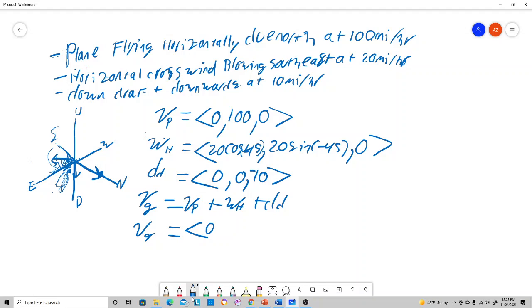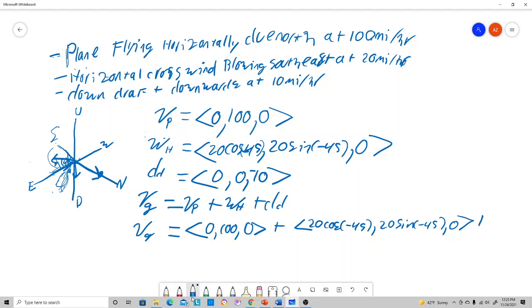V sub p, that's 0, 100, 0, then plus 20 cosine negative 45, and then 20 sine negative 45, that's 0.